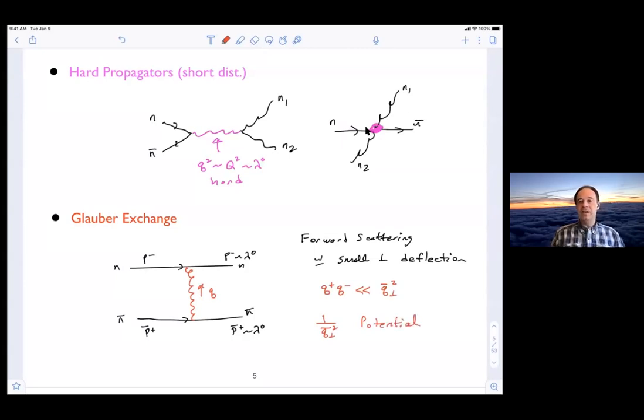Okay, so that's another type of phenomena that we're going to have to incorporate in the effective field theory, because it's another way that 2 collinear particles can interact with each other, not through a hard scattering, but through a forward scattering. You could imagine some outgoing particles in 2 different collinear directions, and then they have a rescattering through one of these Glauber type exchanges.